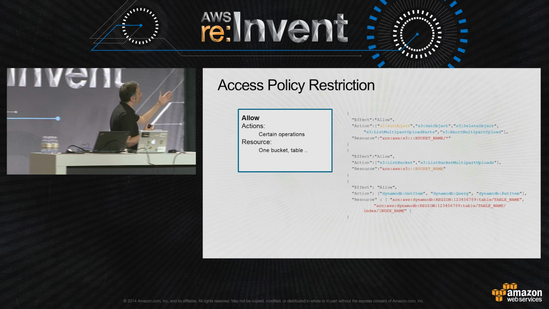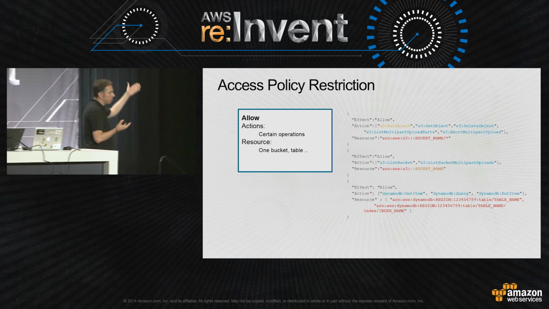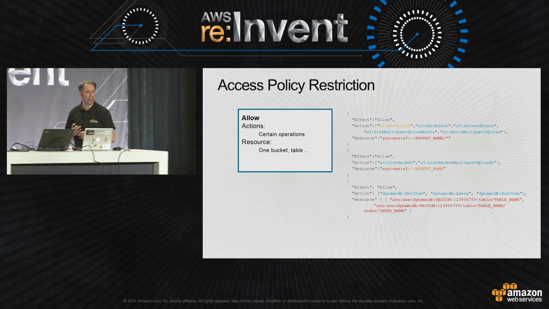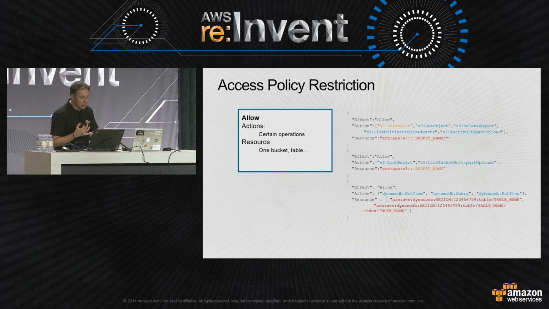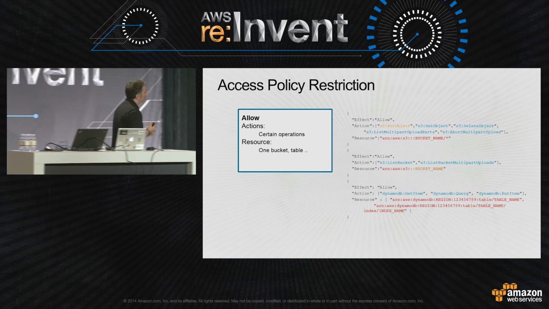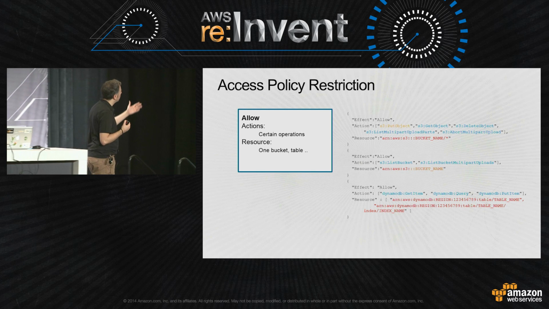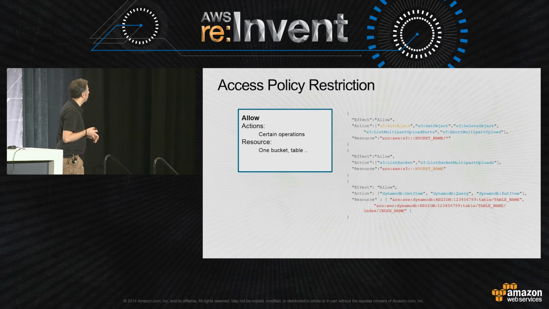So for example, this user will not be able to create a new bucket because create bucket is not in the list of actions. The second group will allow list bucket and list bucket multi-part uploads. So it's probably something that is less dangerous to give, because they can only list what's inside a bucket.